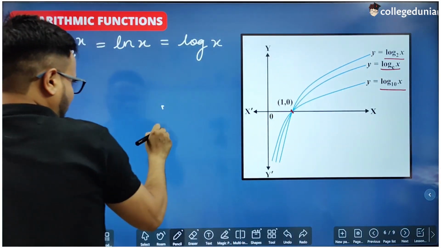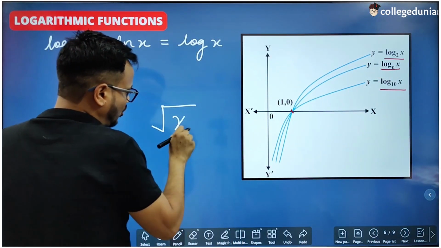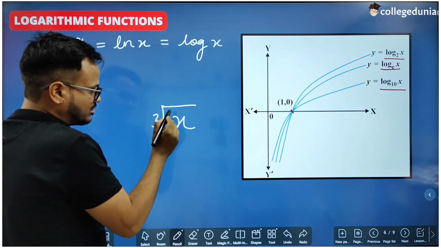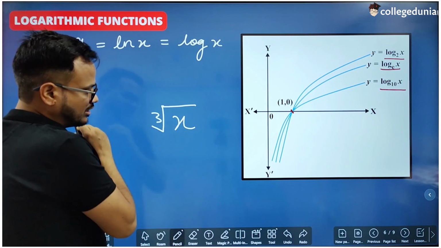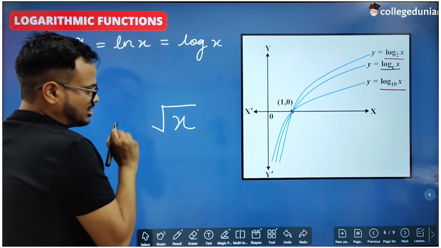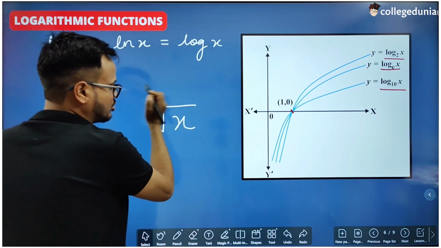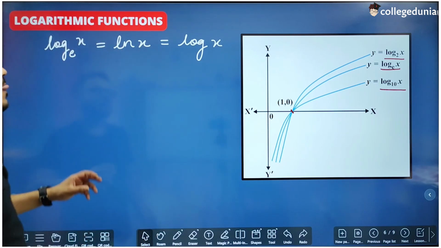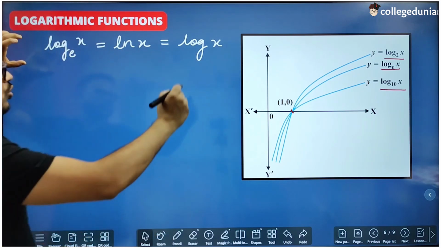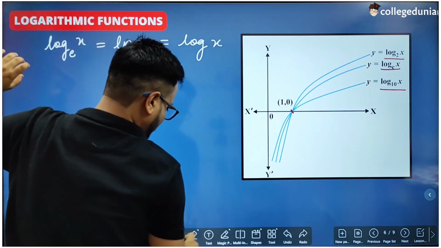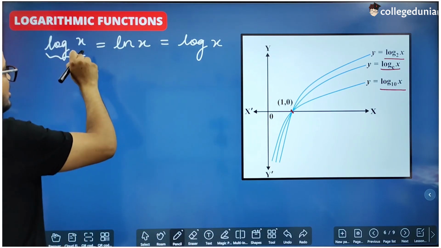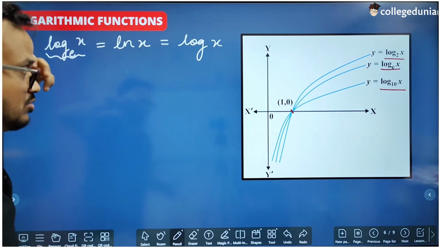Like when no number is written on the square root, then we assume that it is the square root, right? If it is some other root, then the number is written, but if nothing is mentioned here, we take it as a square root. So that is by default. So when no number is written here, we will consider it as a natural log, that is the log which has base e. E is the number that we have just discussed about, right?